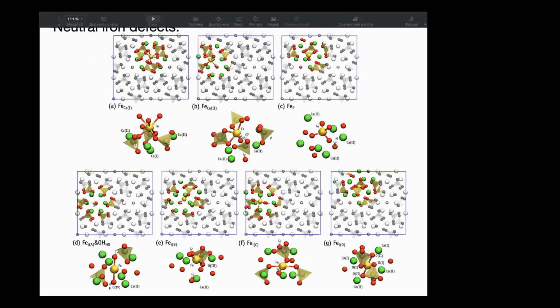Okay, here are the neutral iron defects, within 4 angstroms of neighbors of iron after optimization. In some cases, for example, iron causes the flipping of one of the hydroxyl groups.